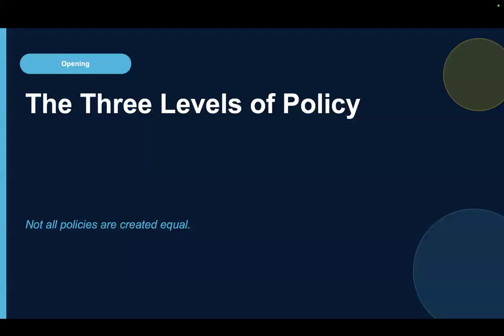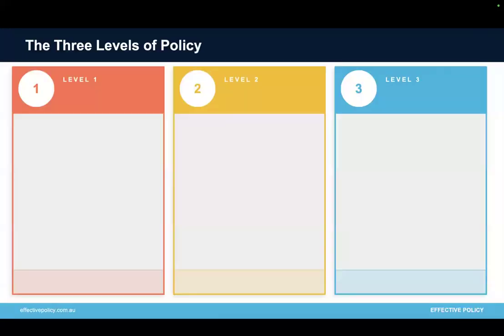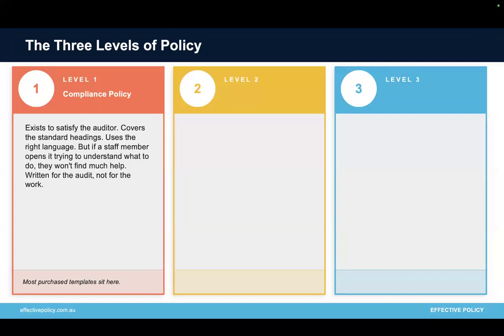So there's three levels of policy. Not all policies are created equal. Some policies are created just to satisfy the auditor. Many of the consultant companies out there have developed policies that just satisfy an auditor.